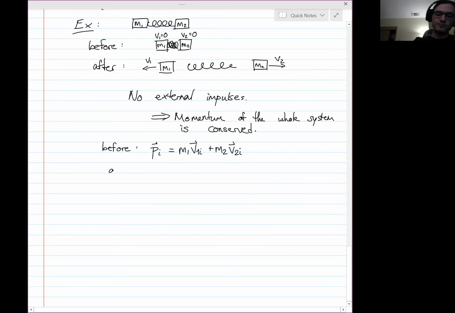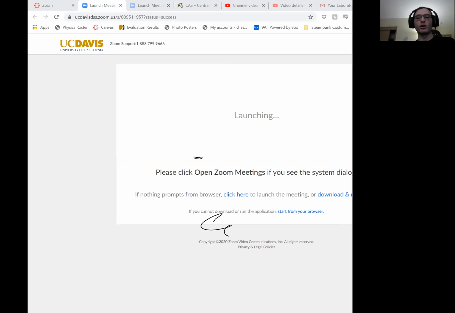And after, we have Pf is m1 v1f plus m2 v2f. And so momentum conservation tells us that Pi should be equal to Pf. But Pi is 0, right? The velocities of both blocks are initially 0. So the momentum is just 0. The system has no momentum initially.